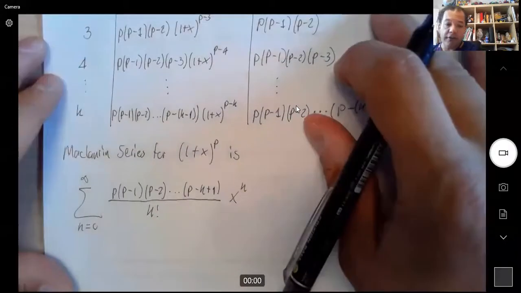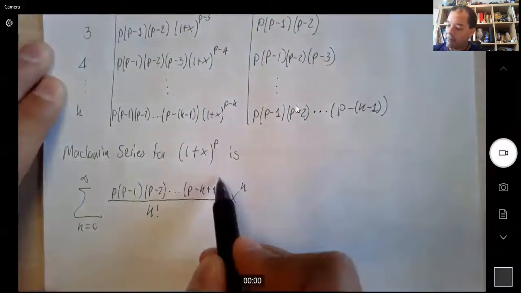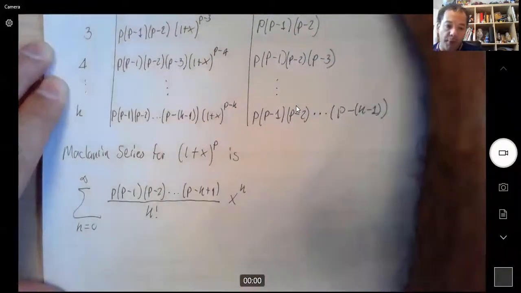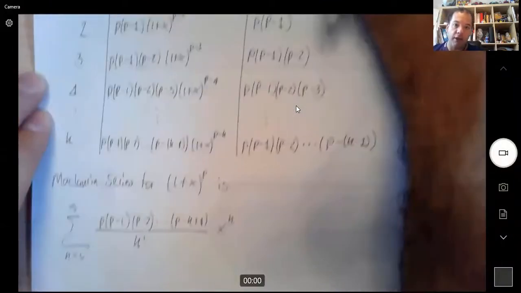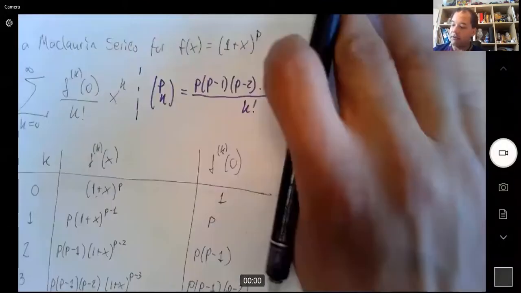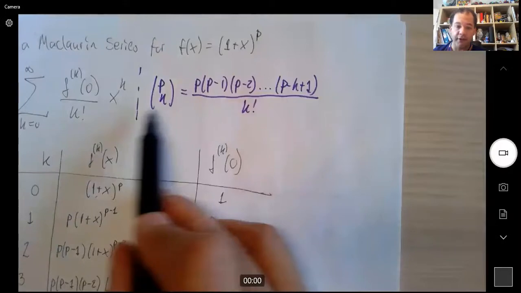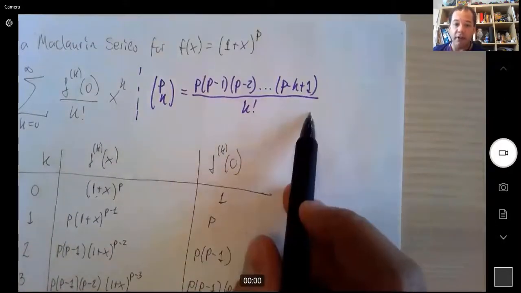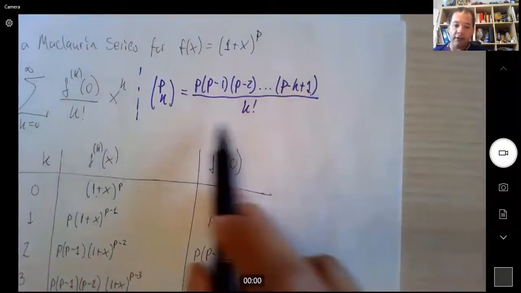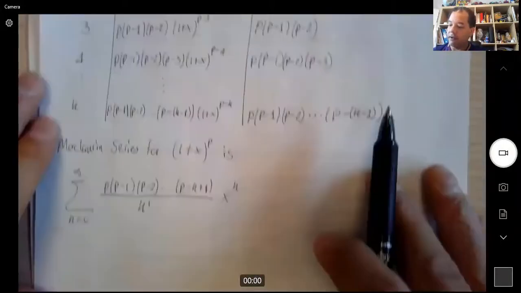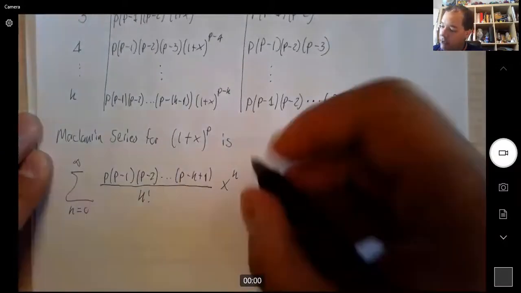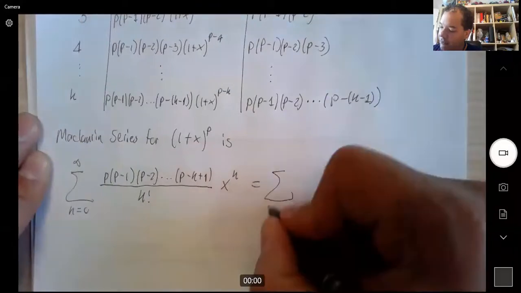But the important thing is now, remember this number over here and compare it to the binomial coefficient that we put over here. Here's the formula for the binomial coefficient. And you'll be like, hey, professor, they're the same. They're exactly the same. This number in purple and this number that we discovered are exactly the same. So we can write it in a shorter way as follows.